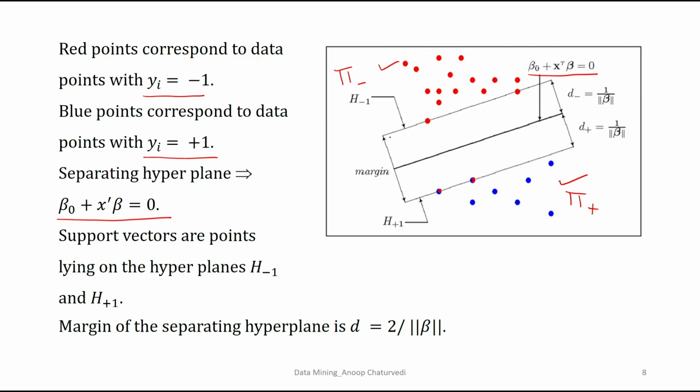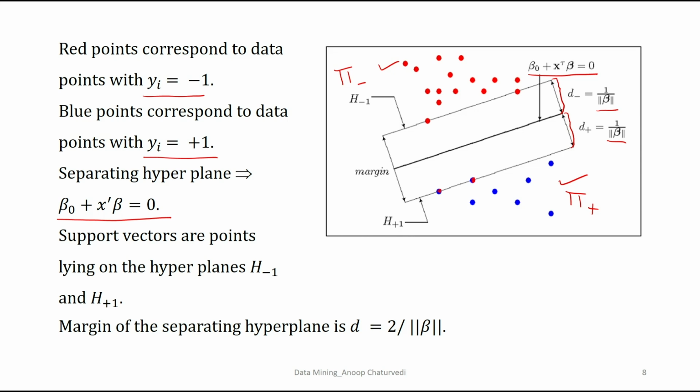So, these are the support vectors. Then, this distance is 1 upon norm of beta. Further, this distance is also 1 upon norm of beta, and the total margin is 2 upon norm of beta.